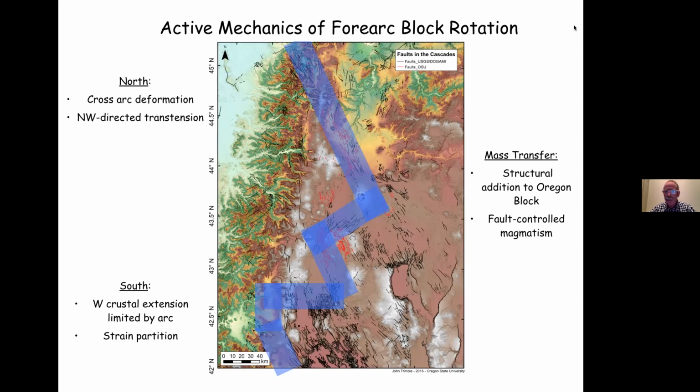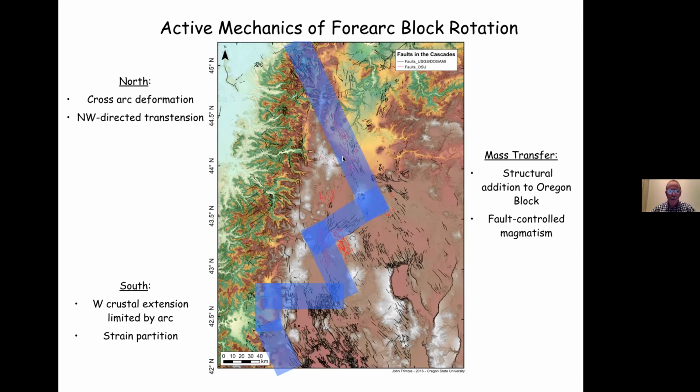And the second piece here is that volcanoes such as Newberry and potentially the Mount Jefferson Cascade Arc volcano itself are located at structural complexities such as this transtensional stepover in the fault system, and thus the magmatism here on the northwest corner is intimately located and associated with faulting.